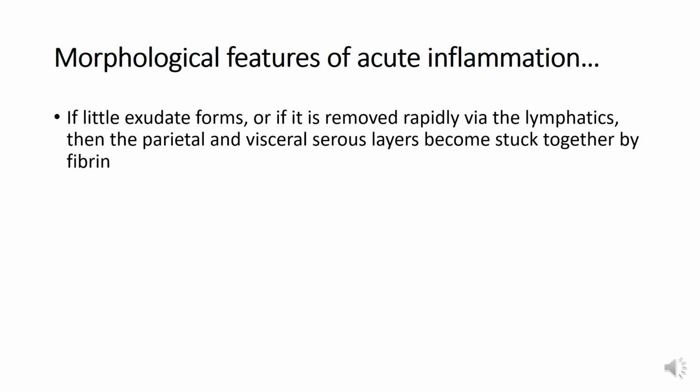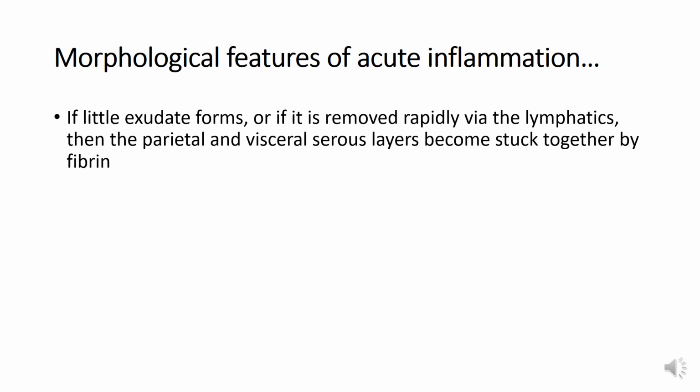Okay, so depending on the amount of exudate formation, if it is not much, then it is easily removed by the lymphatic drainage. When this happens, the parietal layer of the membrane and the visceral layer will usually stick together, and that is because of the fibrin deposition.